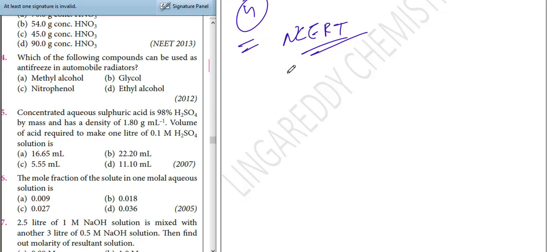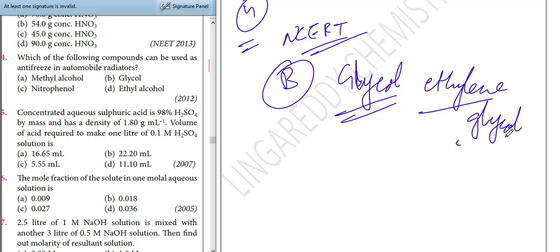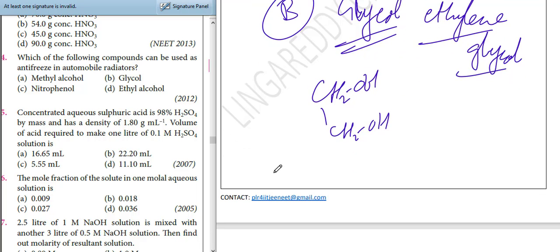So in option B we are using glycol. It is also known as ethylene glycol. The structure is CH2OH, CH2OH. This one we are using. Right, B is the option.